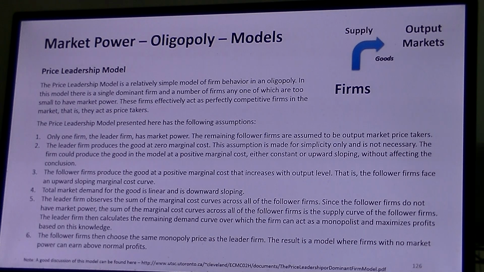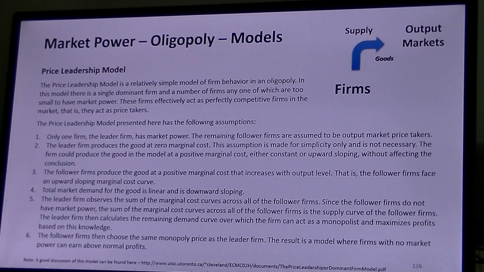Now we're going to move to another type of market. You'll recall from my lecture the last time that you can have a type of oligopoly market where one firm is very dominant, where one firm has a very high market share, and there are other smaller firms.